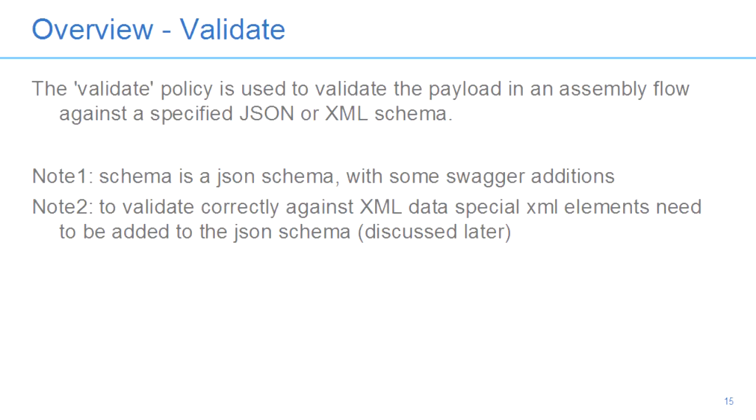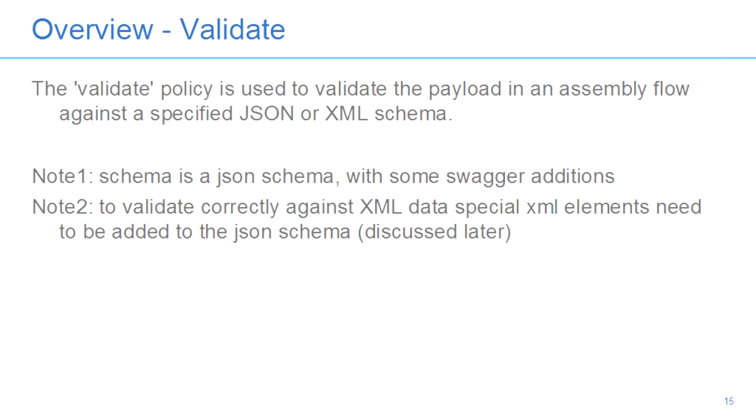So the next policy is the validate policy. Now the validate policy is new in version 5 and is used to validate the request, or the response of data coming into the API, or the response from an invoke or a proxy and the data going back to the client.